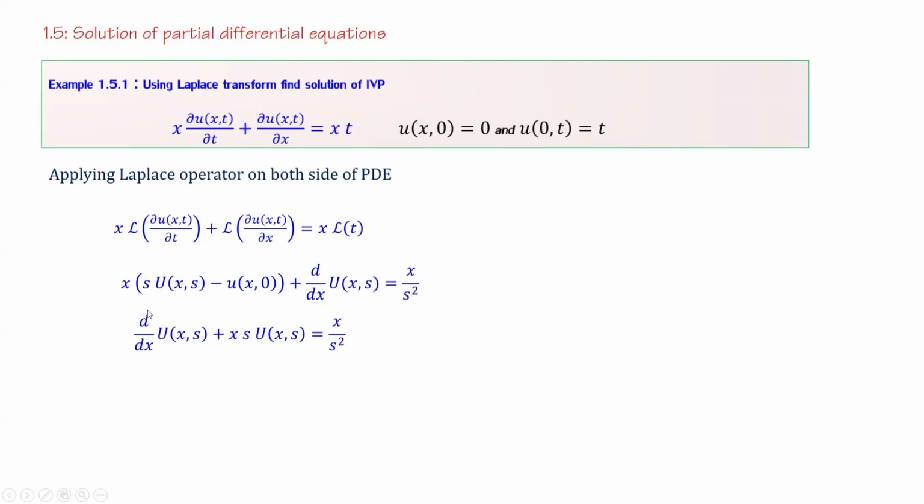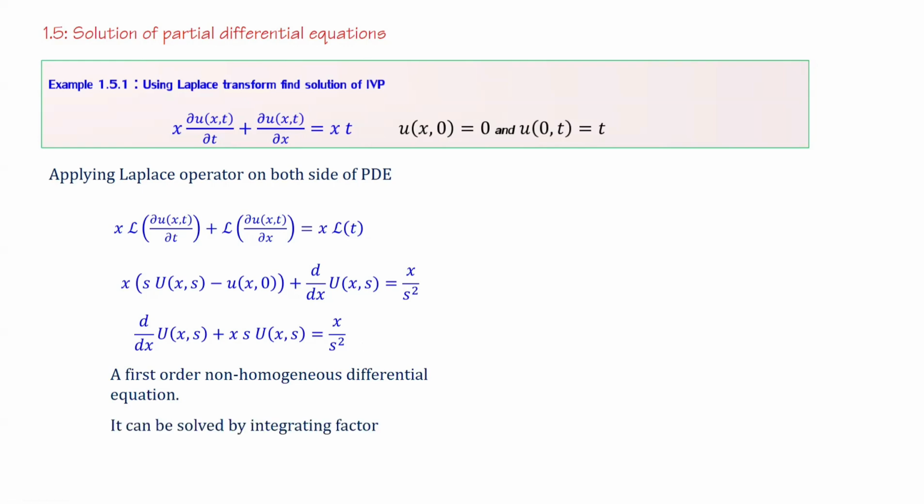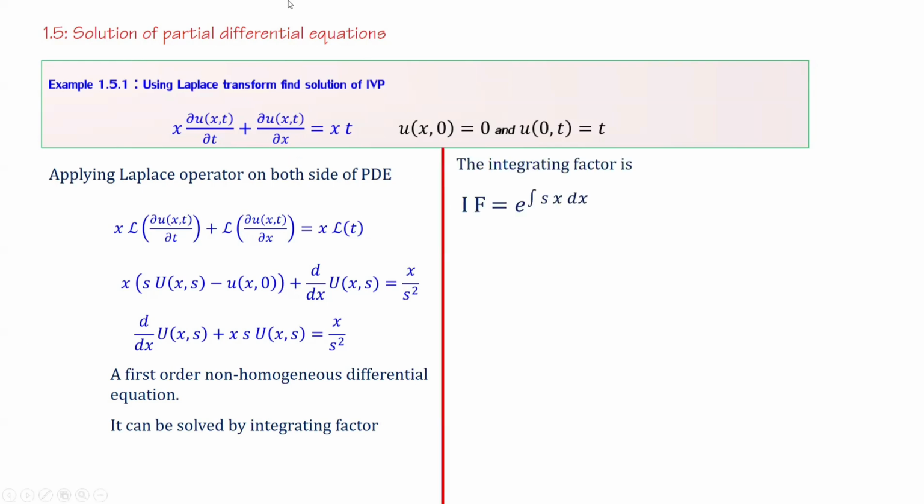We need to solve this first order non-homogeneous differential equation, and we need to do it with the integrating factor. So what is the integrating factor for this? It is calculated as e to the power of the integral of this term dx. So here the integral of s x dx gives s x square over 2.